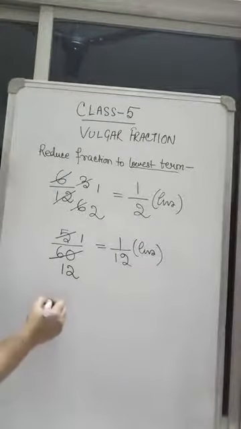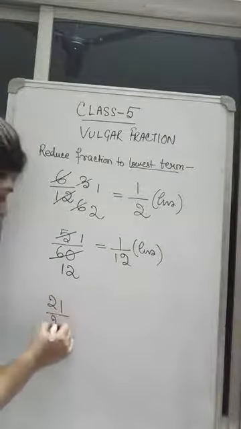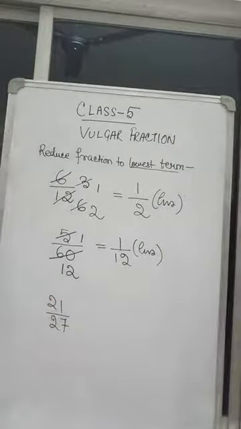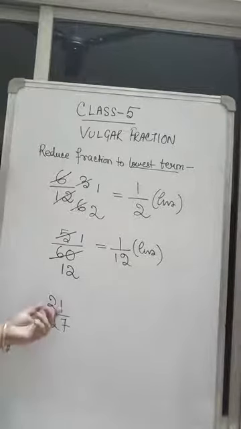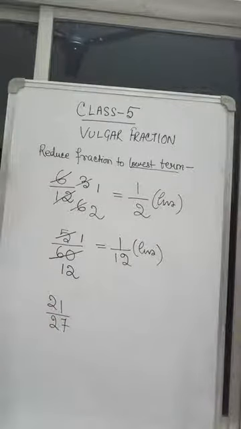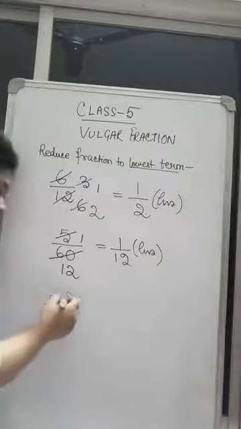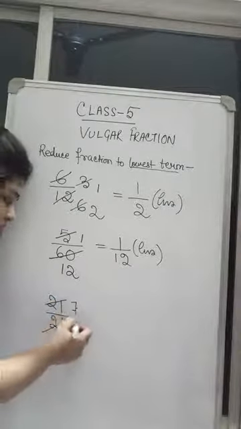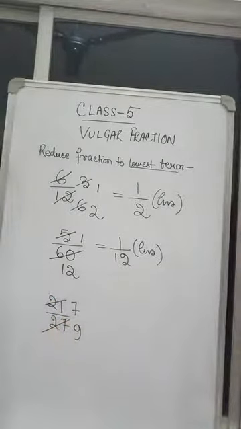Now suppose I write 21 by 27. Now this is also a fractional number. Now check whether 21 and 27 can be divided with 2. It cannot be divided because 21 and 27 both are odd numbers. Now check, can both the numbers be divided with 3? Yes, because both the numbers come in 3's table. 3 7s are 21, 3 9s are 27.